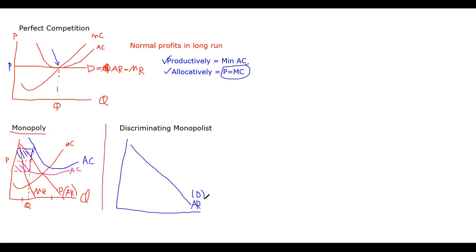In fact, I think we made the diagram of that. If it's first degree price discrimination, you're just charging everyone their reservation price, a different charge for everyone. Then this becomes your MR, and you would just go till wherever MR equals MC. That would be it.